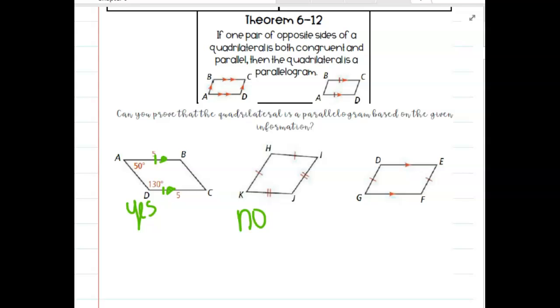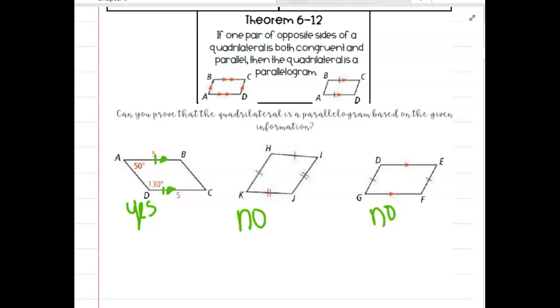Do I have one pair that is both congruent and parallel? No. Because one of them's parallel and one of them's congruent. If you were going to use theorem 6.12, it has to be the same side that is congruent and parallel, so that one, we wouldn't have enough information to prove that's a parallelogram.